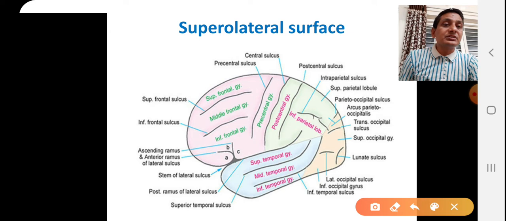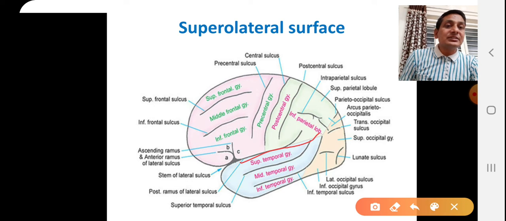Below the lateral sulcus, this part is divided into three gyri by two sulci, that is the superior temporal sulcus and inferior temporal sulcus, into superior temporal gyrus, middle temporal gyrus and inferior temporal gyrus.